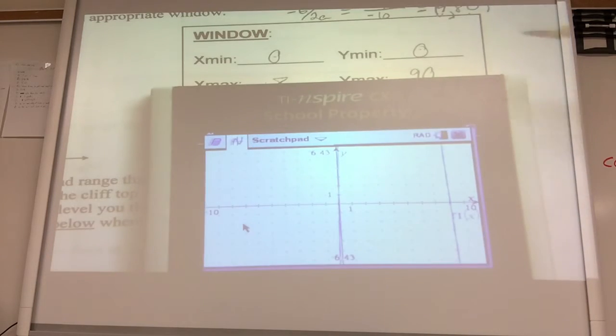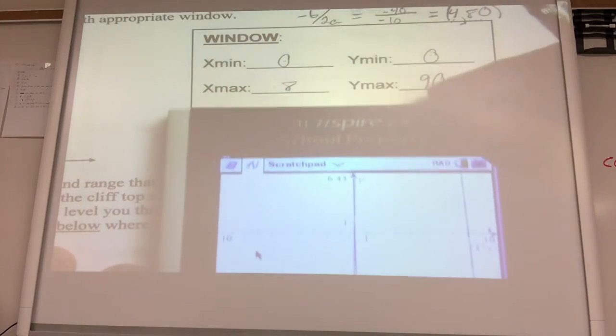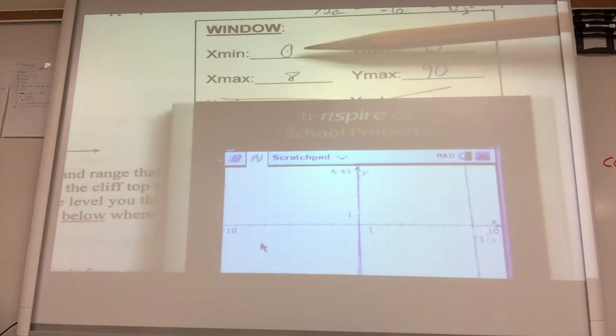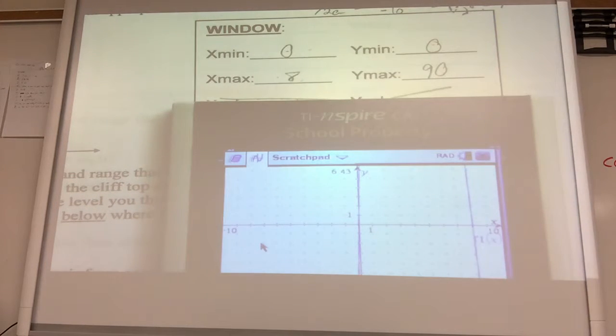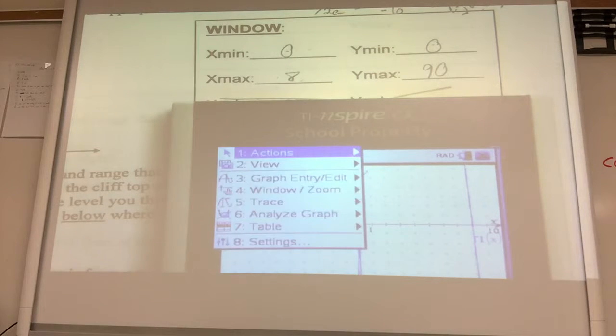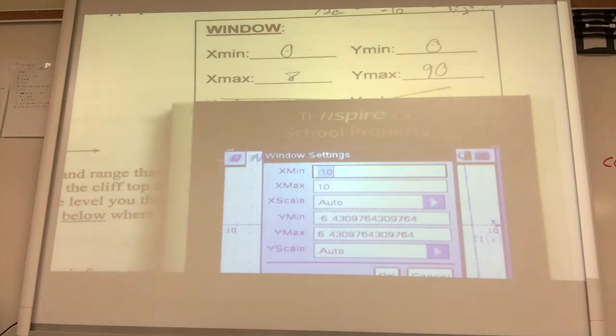Look at the scale that I foretold I would use. It goes from 0 to 8, and you can see the quadratic going up from 0, and it's coming down at 8. But I'm going to use that window now and actually change the settings on this calculator.